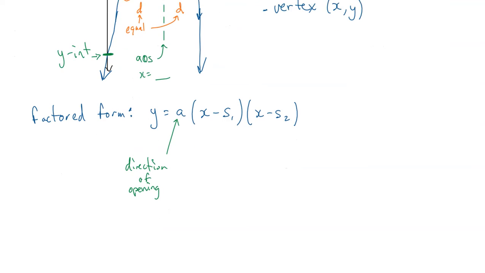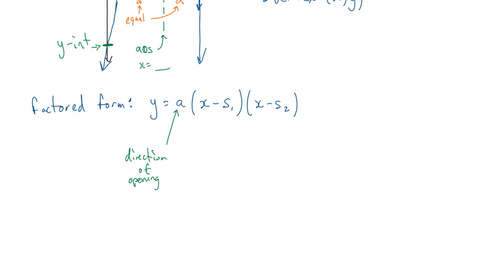Just like in vertex form, which is y equals a(x minus h) squared plus k. That a value tells you the direction of opening. If it's positive, it opens up. If it's negative, it opens down. So that's something we already know.